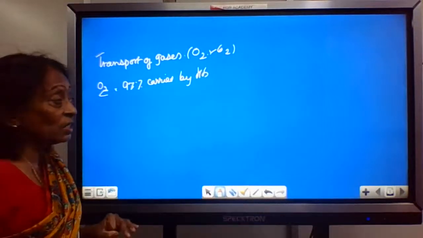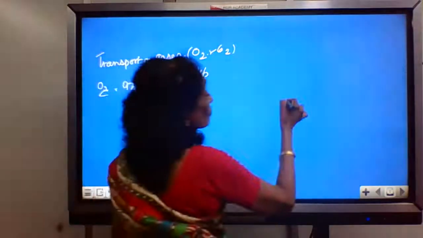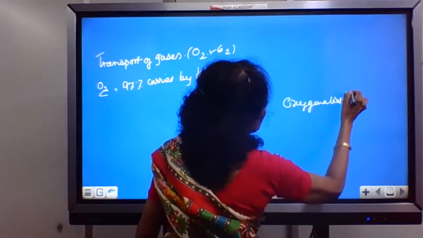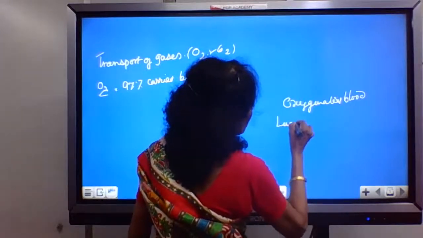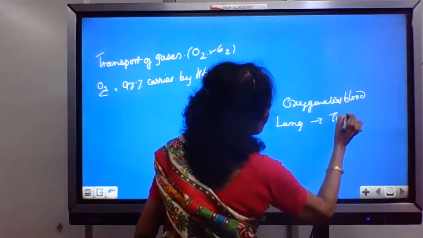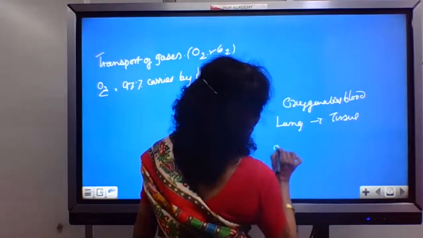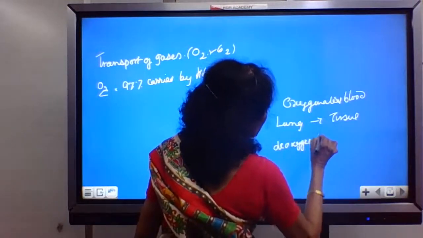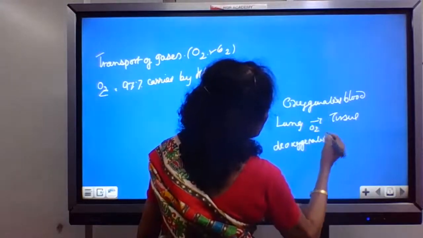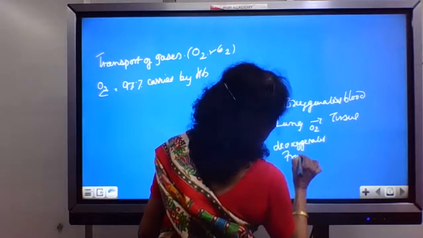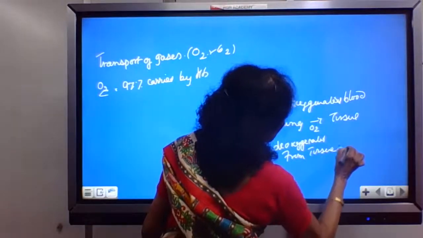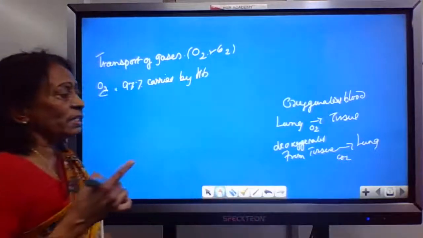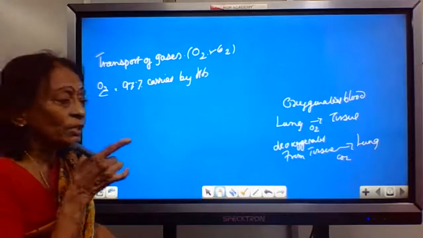One other question: oxygenated blood supplies O2 from lung to tissue, and deoxygenated blood goes from tissue to lung, carrying CO2. So loading of oxygen occurs in the lung. Distribution is to the tissue.